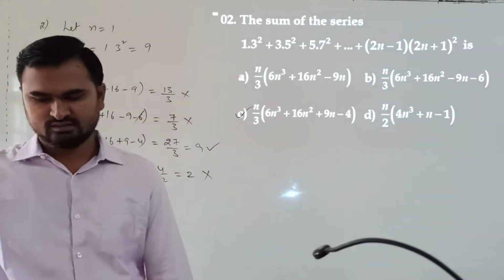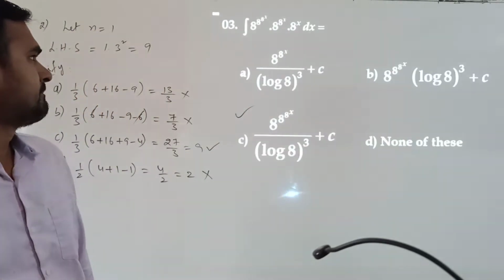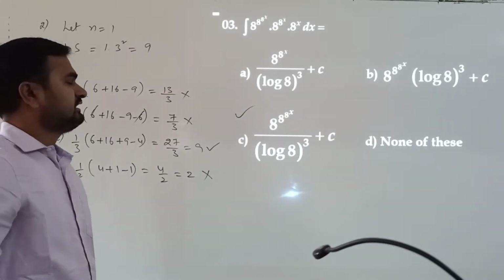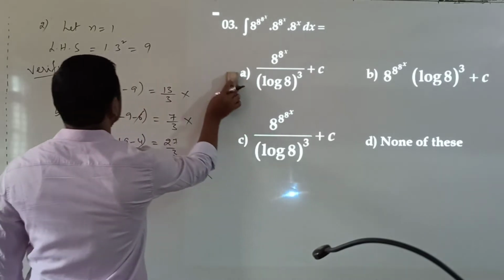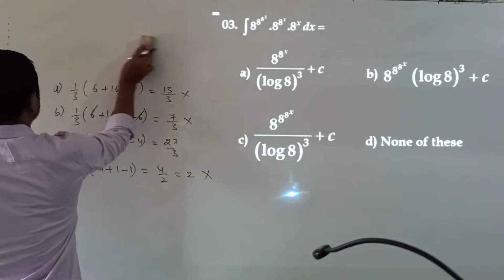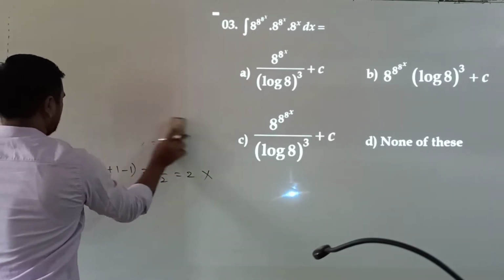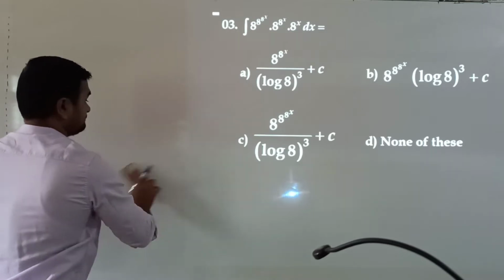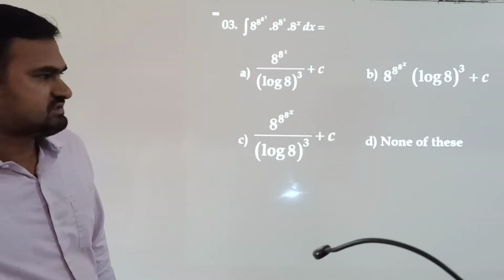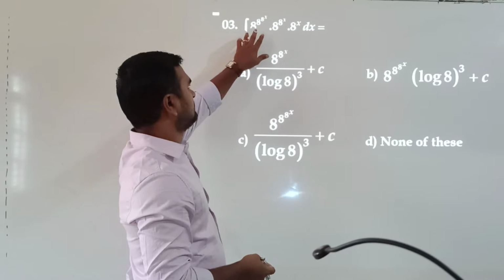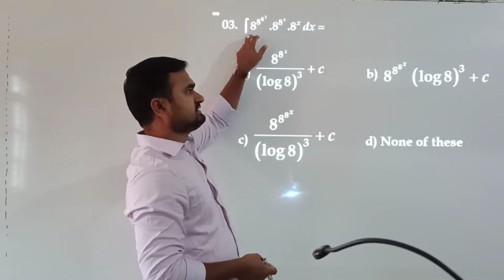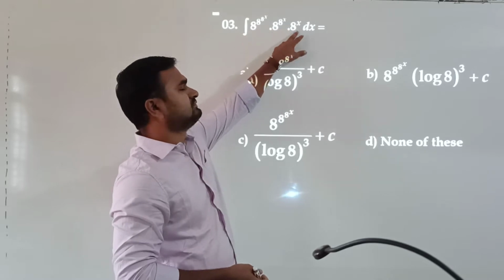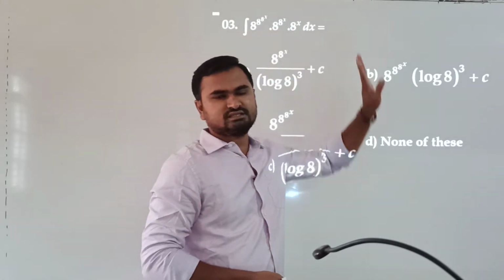See the next question. Integrate 8 power 8 power 8 power x into 8 power 8 power x into 8 power x dx. Now for solving this, we can see that if I take 8 power 8 power 8 power x as t, its derivative terms will be present in this given integral.